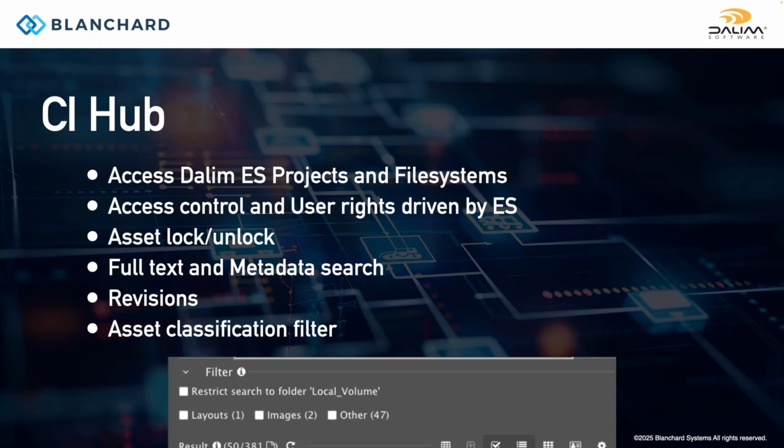It does the unlocking, locking, searches metadata, handles revisions, and the interesting thing inside of it, they have what they call an asset classification filter, which you'll see here. If you do a search, it'll say you have one layout, so an InDesign file, 2 images, and other, 47, so other kinds of files it found. So if I know I'm looking specifically for an image, I can click on images and limit that down with the filter information.